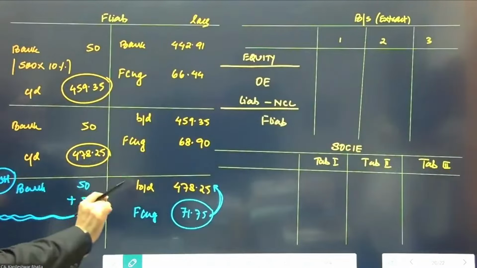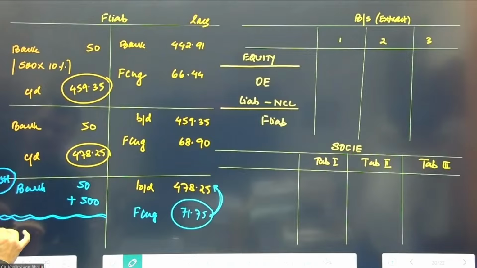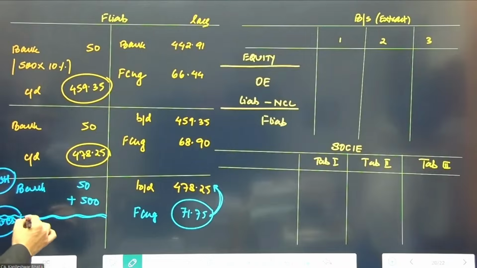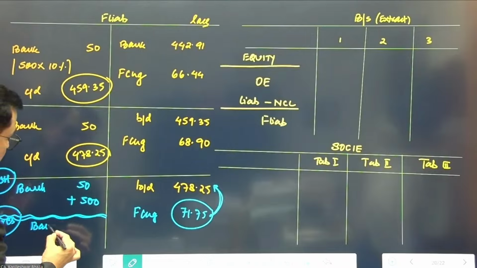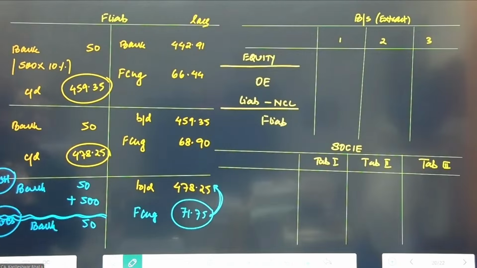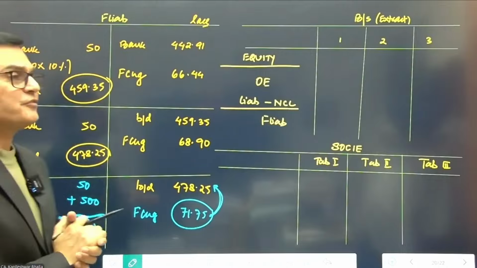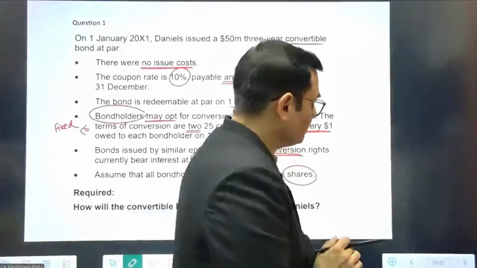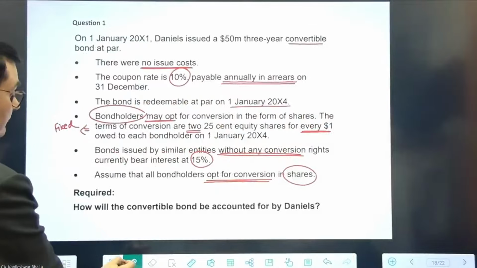Now, if the holder says, no, I don't want cash, I want shares in this case, then let's see the treatment. I'm going to pay the interest in cash, that is 50, and then I am going to give them shares for the principal. Let's go back.